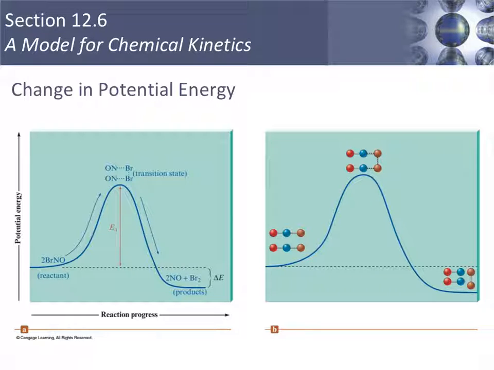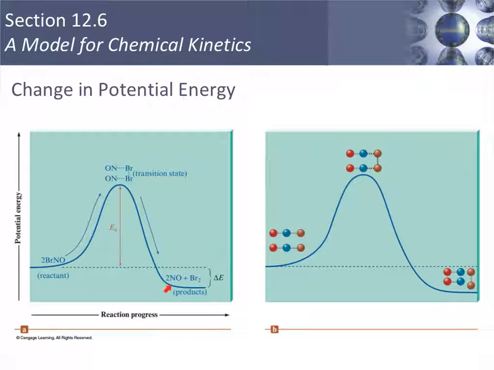So what we see, and this is somewhat typical, is that we start off and the reactants have a certain amount of energy, and they reach this intermediate stage, which is referred to as an activated complex or transition state. And the energy it takes to go from wherever they are to begin with to this energy that's necessary to have a successful reaction is called the activation energy.